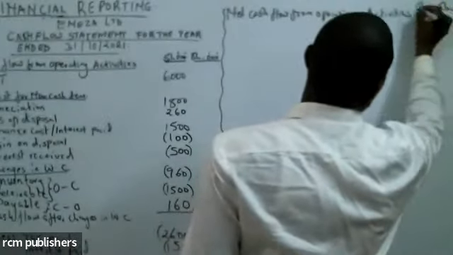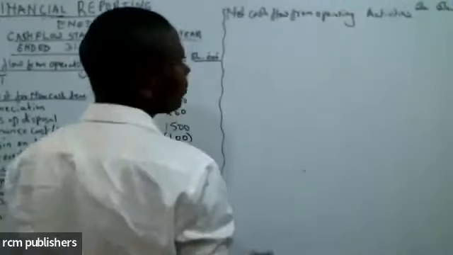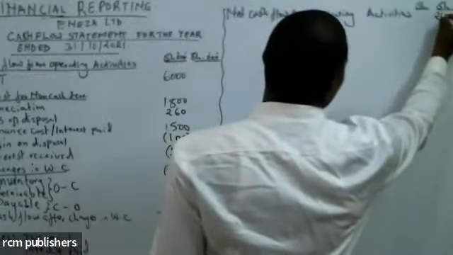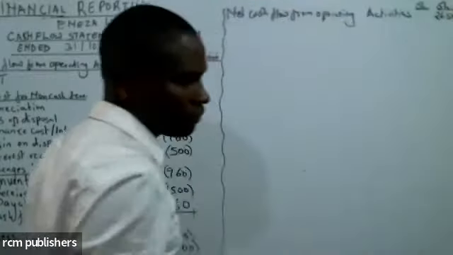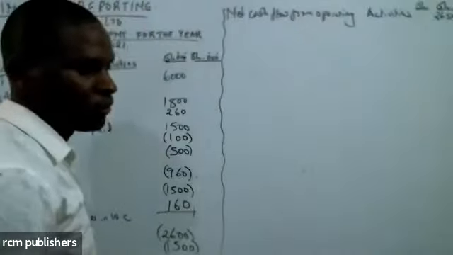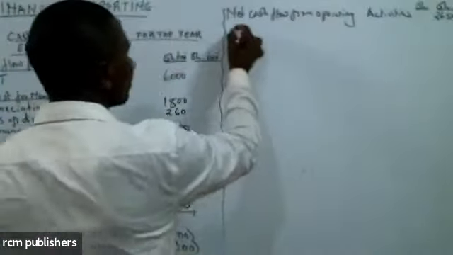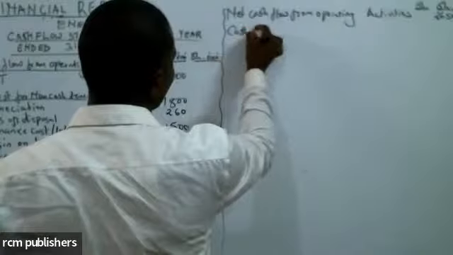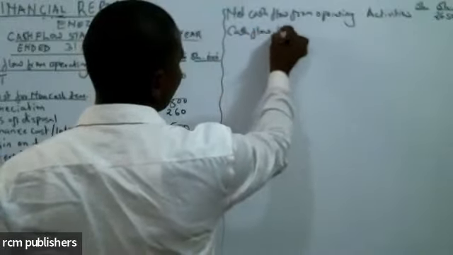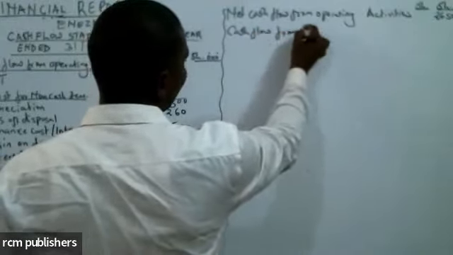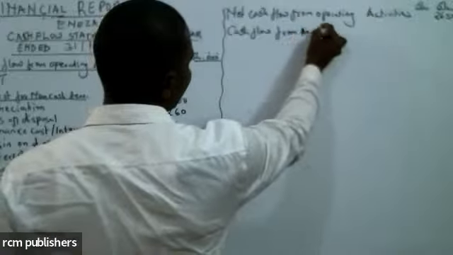So we shall put it on the record column. Is 2650. Asante. Then we go to cash flow from investing activities.